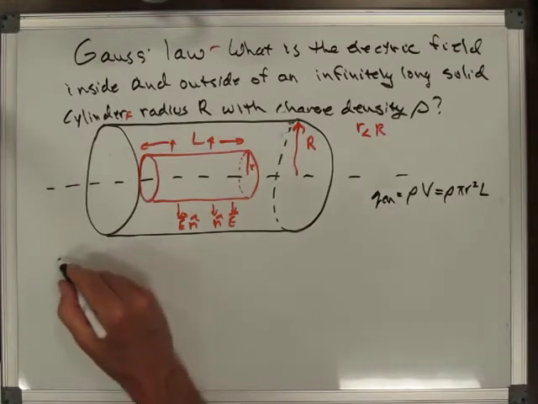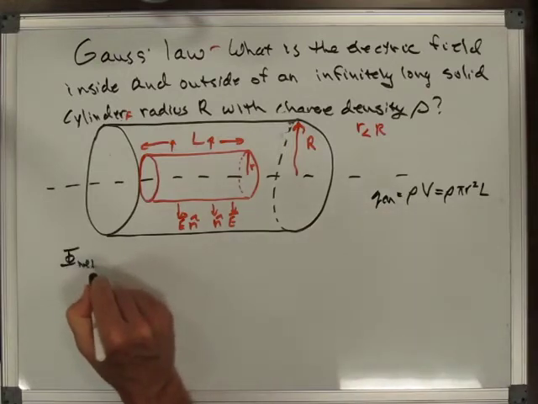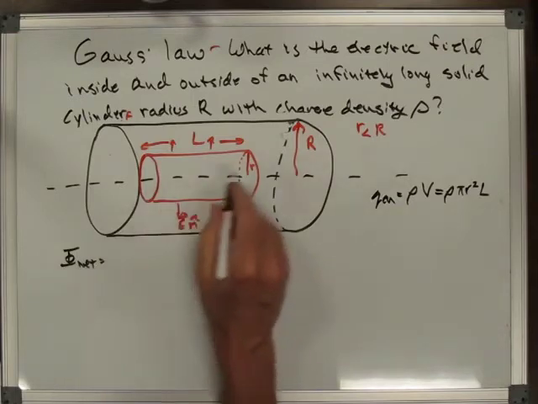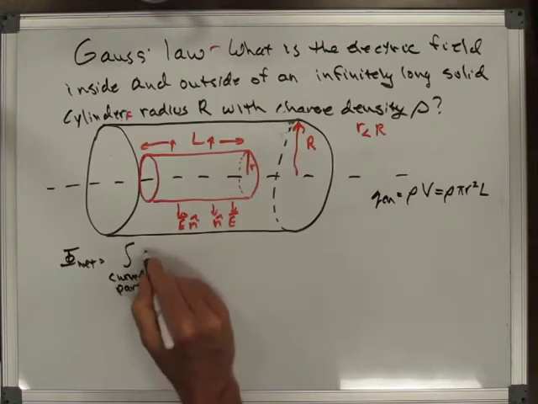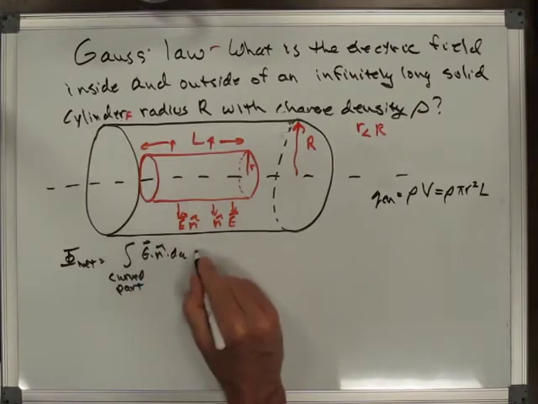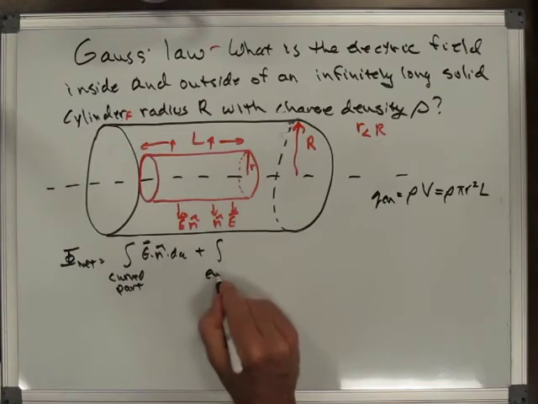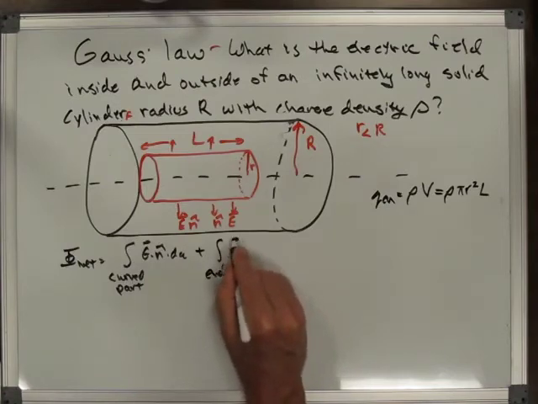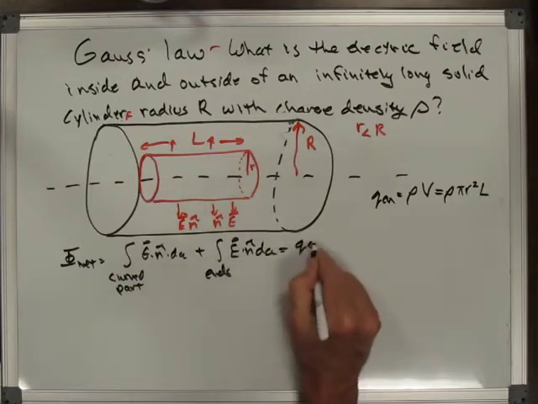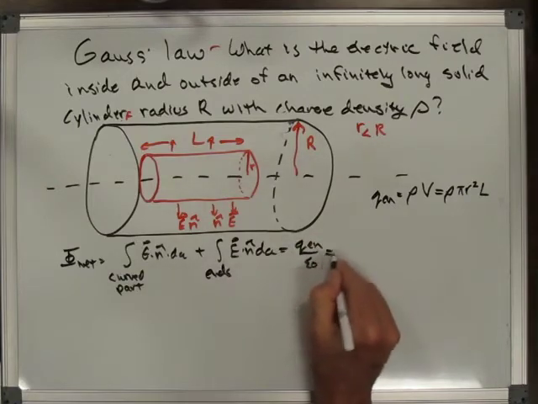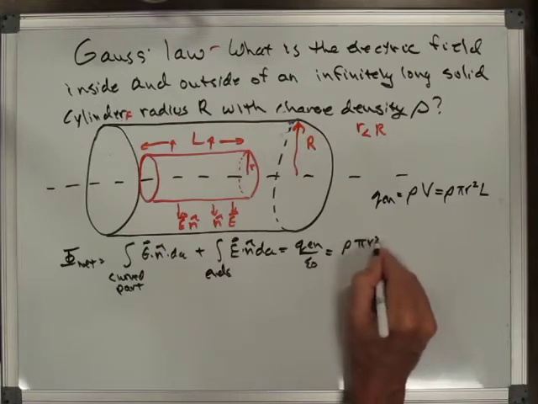Now if I write Gauss's law, I can say phi net is equal to the integral. So we're going to integrate over this part, but I'm going to break it up into the curved part of the cylinder, which is E dot n hat dA, plus the integral over the ends of E dot n hat dA, is equal to Q enclosed over epsilon naught, or rho pi r squared L over epsilon naught.